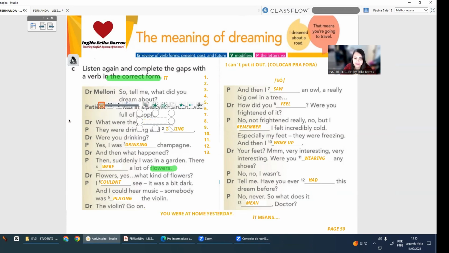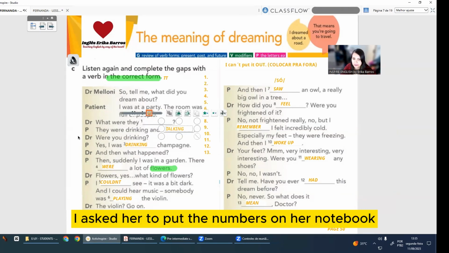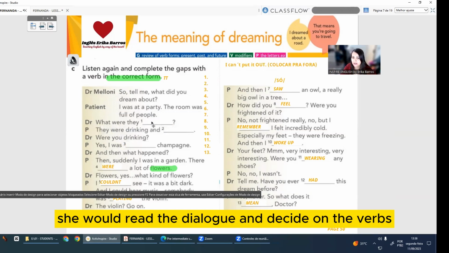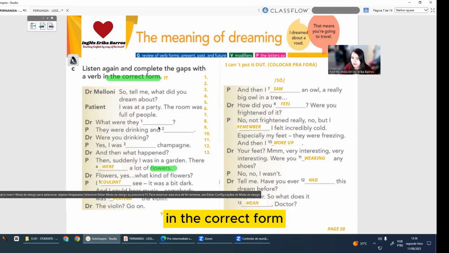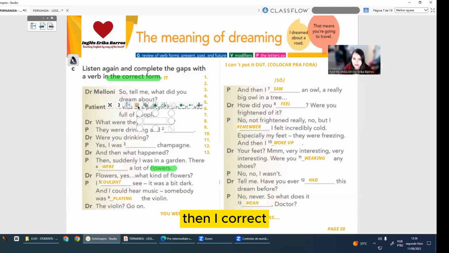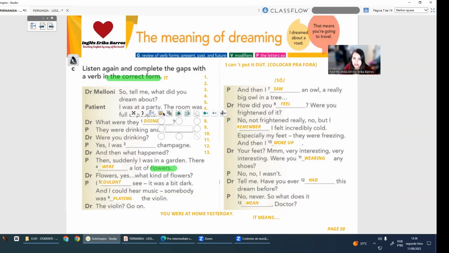Here, I asked her to put the numbers on her notebook. She would read the dialogue and decide on the verbs in the correct form she should put here. So I'm paying attention to what she remembers. Then I correct. You have the answers here.